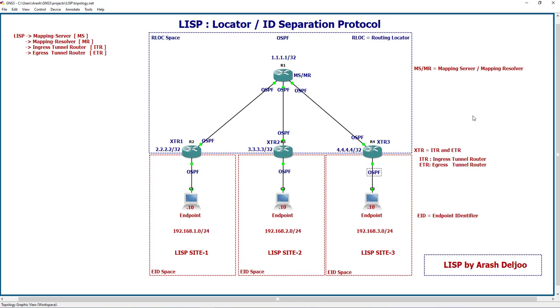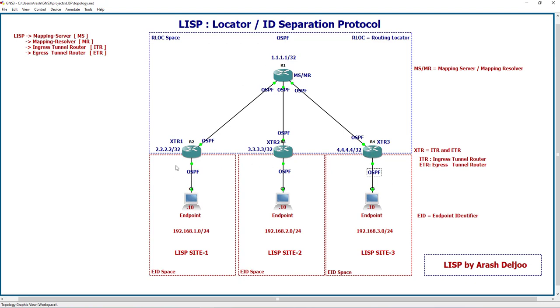In this scenario, I am going to show you how LISP is working, and the difference between LISP and, for example, normal routing in the IP space. Look at here. In this method of routing, in the Locator ID Separation Protocol, we have 2 spaces. You know that in IP routing, we have 1 space, the IP space.